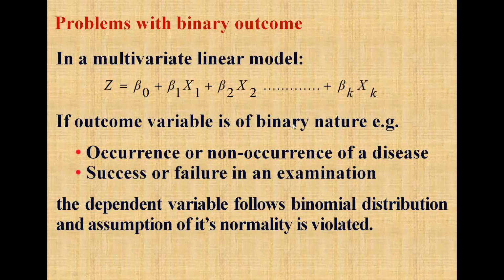If the outcome variable is binary in nature, the examples are occurrence or non-occurrence of a disease, success or failure in an examination. The dependent variable follows the binomial distribution. Actually, not the binomial distribution, but we assume it follows the Bernoulli distribution. But there are n observations, so we can assume that this is the binomial distribution.